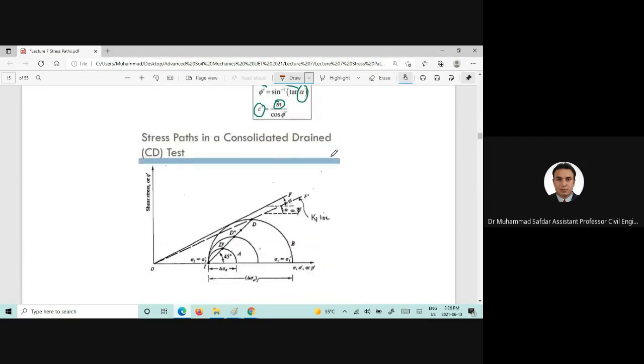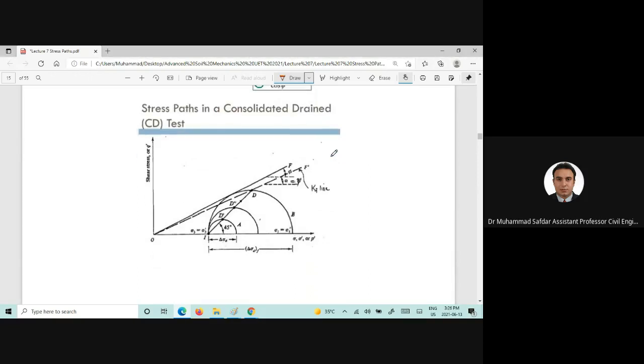Now, stress path in a consolidated drained test, as we discussed at the start of the lecture, in drained loading we will reach a Mohr circle here, and then if we further increase the loading, the Mohr circle size will increase.